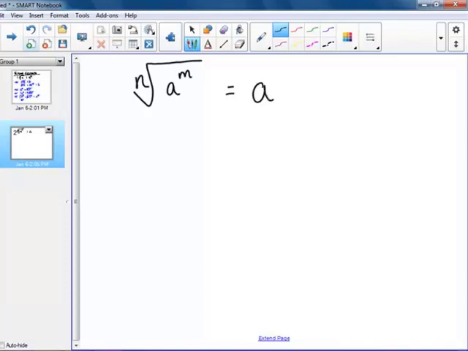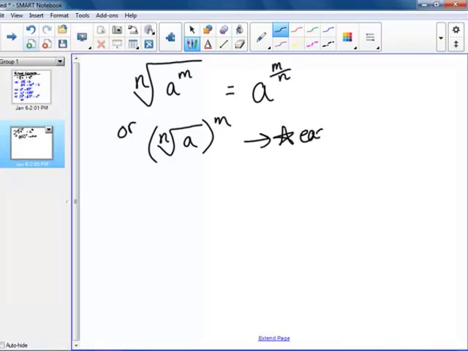So this is a to the m over n. Okay, so a to the m over n power is the nth root of a to the m. Now this would be the same thing as the nth root of a, the whole thing to the mth power.